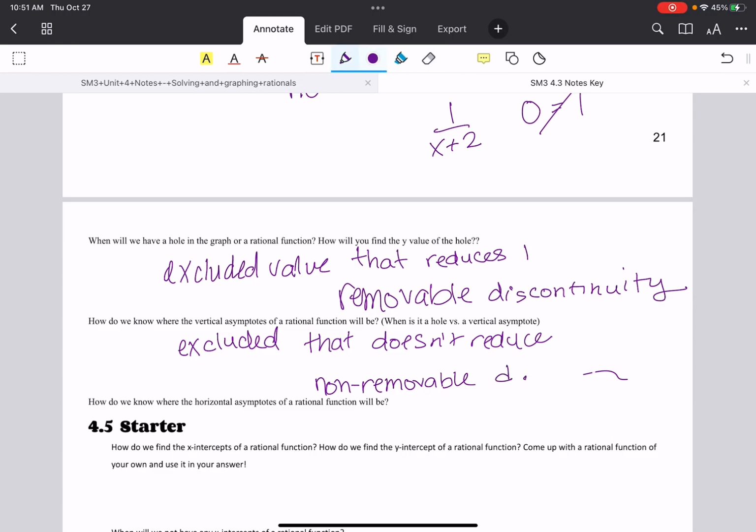Okay. Horizontal asymptotes are found by, I'll give you that word, because this was like last class. How do you find the horizontal asymptotes? We did that last time. Degrees, compare the degrees. Okay, good.